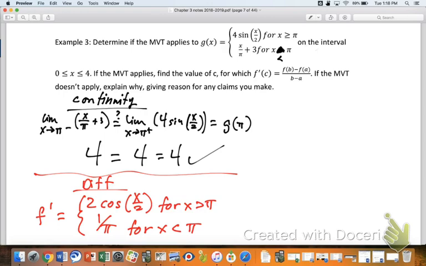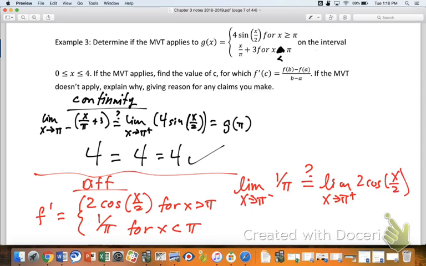Very good. Okay. So now we're going to find that this finishes immediately, because when we continue to consider differentiability, the limit as x approaches pi from the left of 1 over pi equaling the limit as x approaches pi from the right of the other piece, 2 cosine of x over 2. They're different, aren't they? From the left, you get 1 over pi, and from the right, we get, what's cosine of pi over 2?